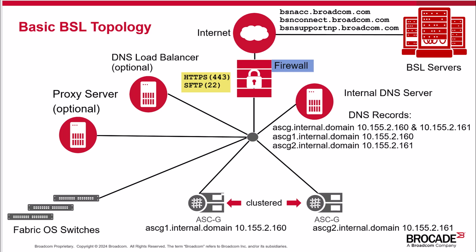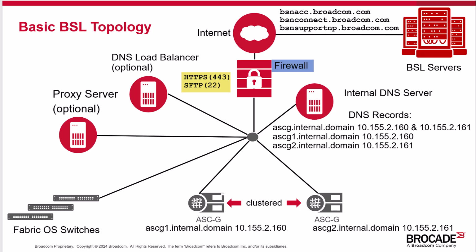These connections always initiate from inside the environment and go out to the BSL servers. So you must configure the TCP ports to allow those outbound connections. Depending upon how many firewalls are in your environment, those are the two port numbers that need to be opened up.